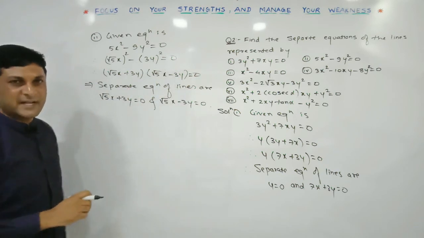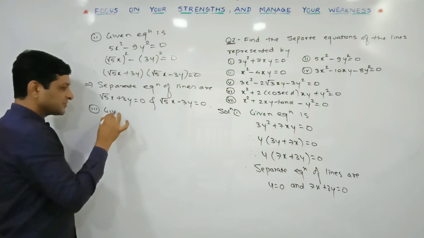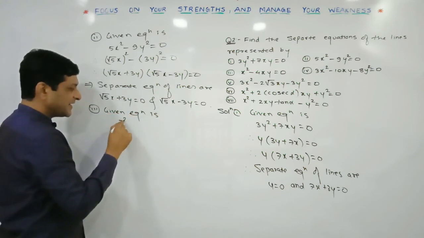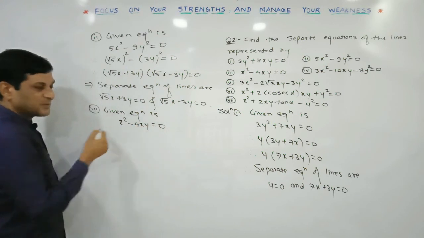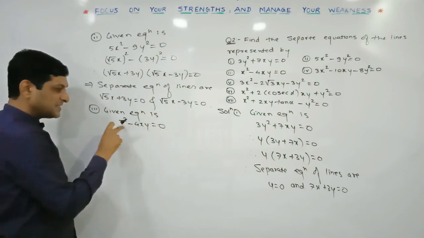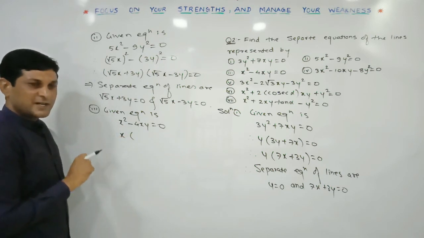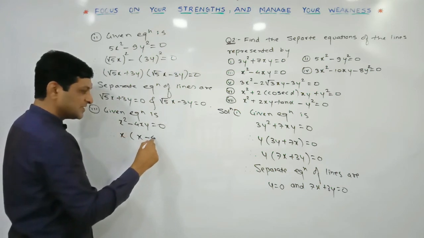Now observe the third example. In the third example, the given equation is x square minus 4xy is equal to 0. Observe both the terms very carefully. Can I take x common from these two terms? Yes, we are able to take x common. If we take x common, here the remaining term is x and here the remaining term is minus 4y.